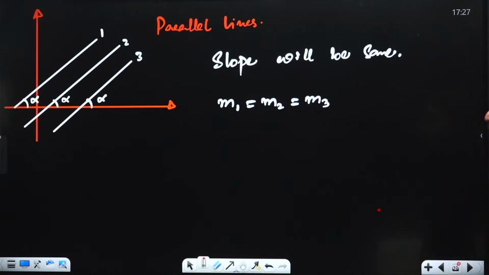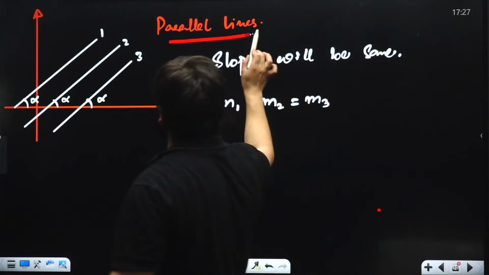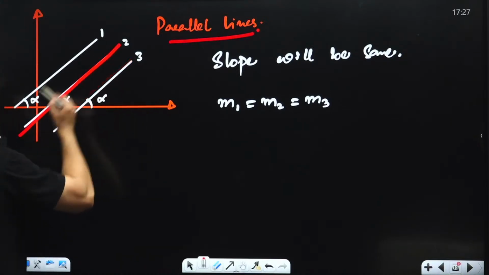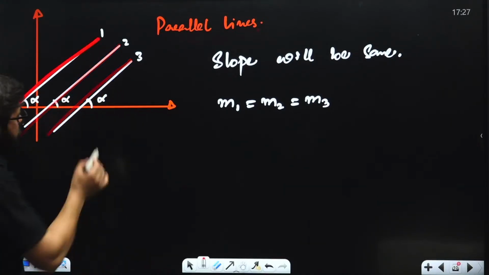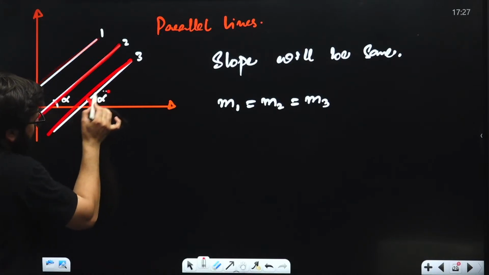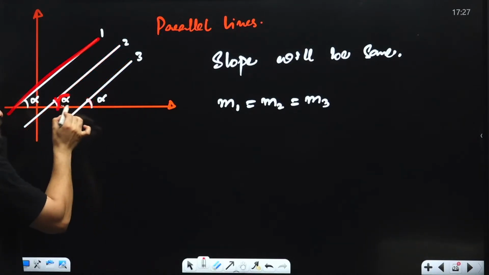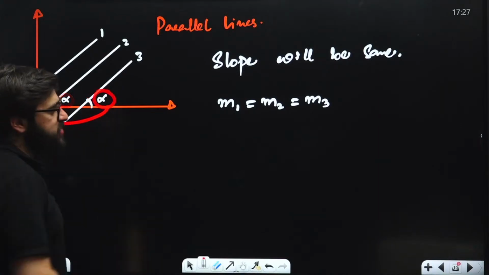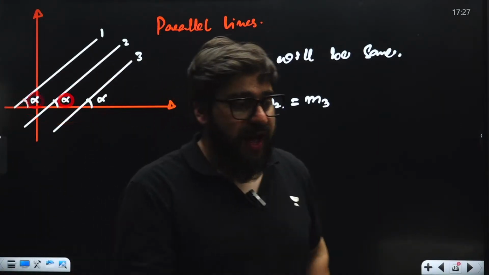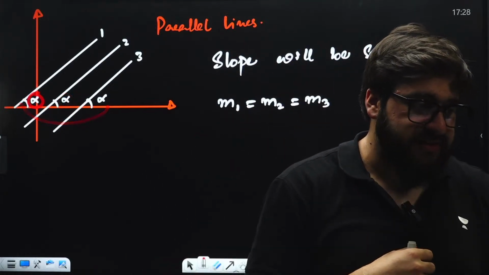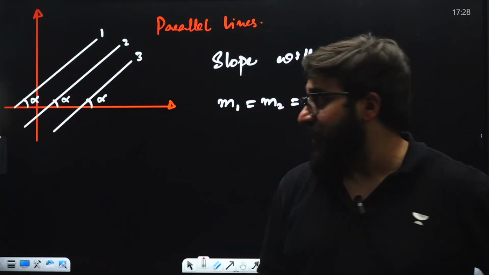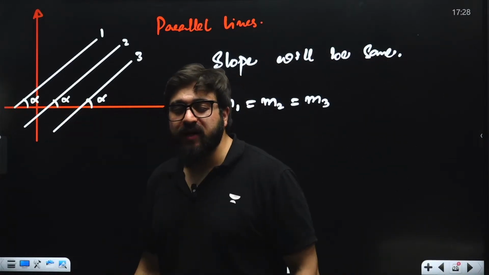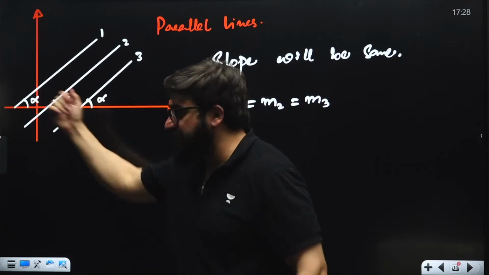Next, let's talk about parallel lines. If we have one line and another line, and here it makes the angle alpha, here also it will make the angle alpha, and here also. We say these angles are the same at every point with the x-axis. So if these angles are the same, don't you think tan of alpha will be the same at every point?